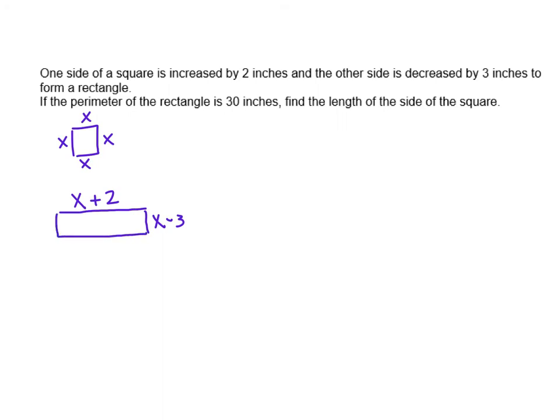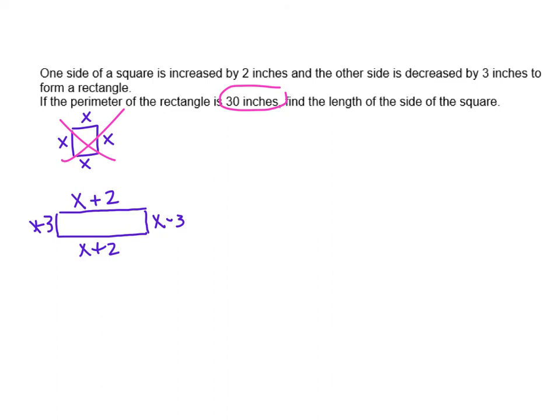Now we're looking at this rectangle where you have x plus 2 for your length and x minus 3 for your width. At this point, we're done with the square because they are asking about the rectangle. It says if the perimeter of the rectangle is 30 inches, find the length of the side of the square. We will go back to the square in a minute.